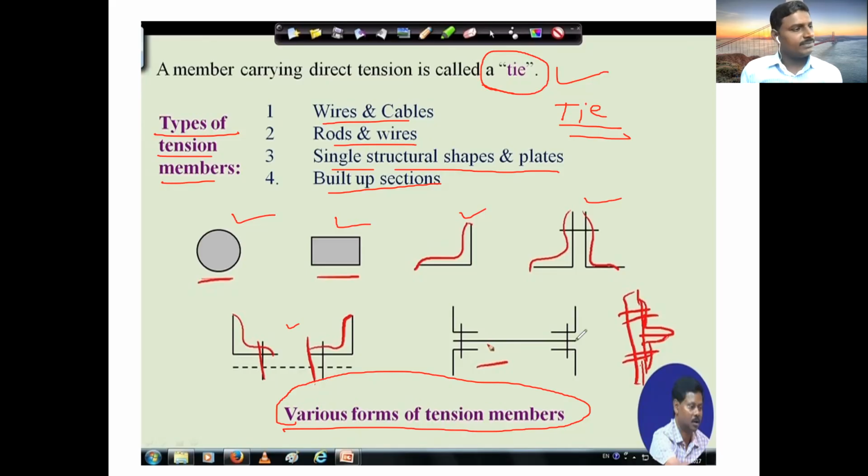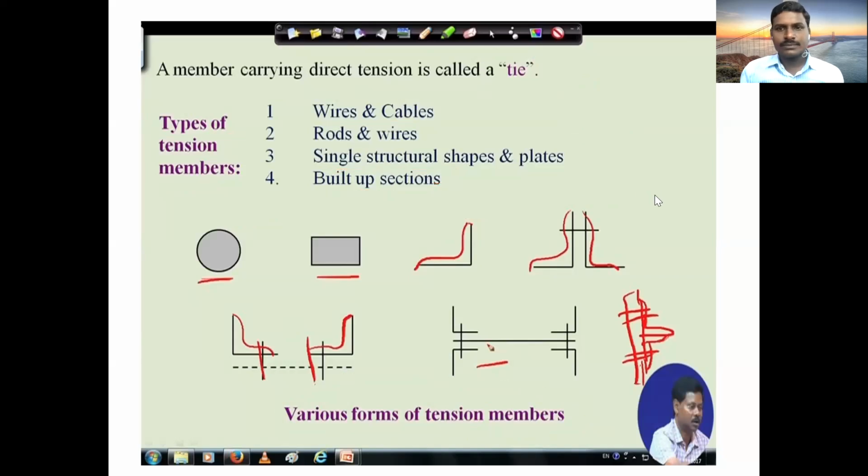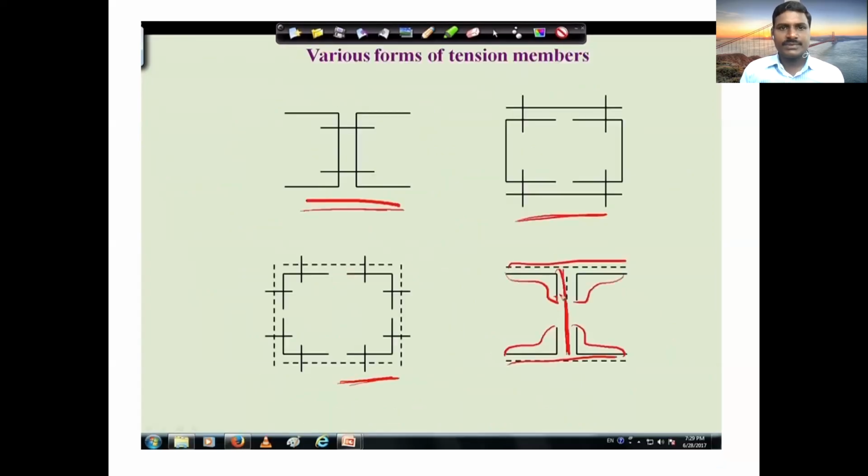Okay, draw these shapes. These are the various forms or various shapes we are using as a tension member.